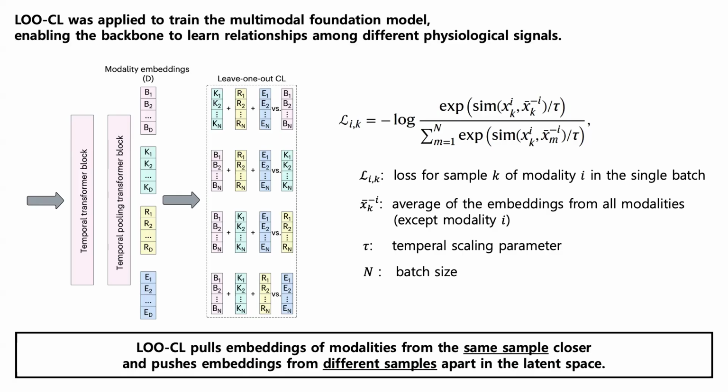Here, x bar k minus i is the average excepting the x k i. Average, and just a simple one.